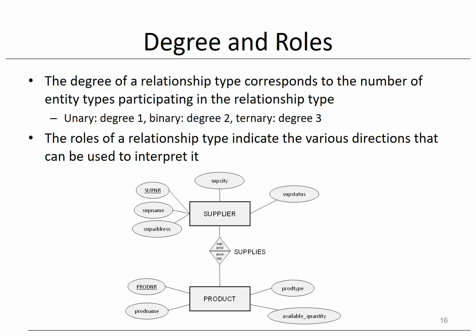The degree of a relationship type corresponds to the number of entity types participating in the relationship type. A unary or recursive relationship type has degree 1. A binary relationship type has 2 participating entity types, whereas a ternary relationship type has 3 participating entity types.